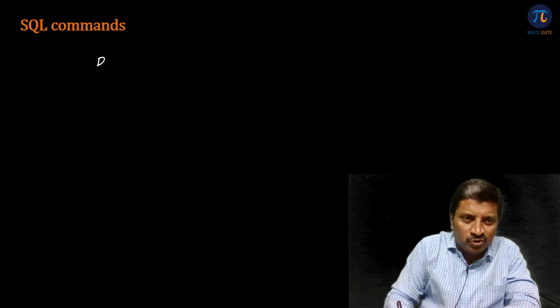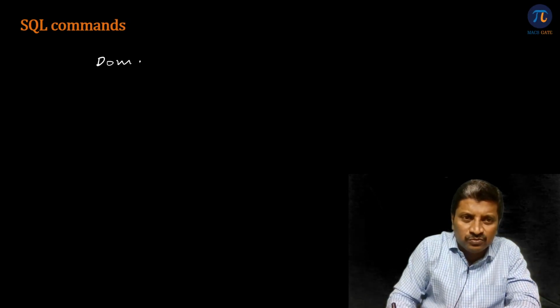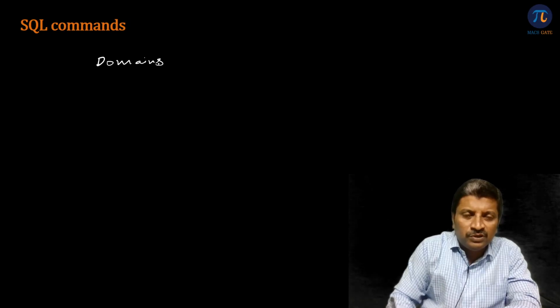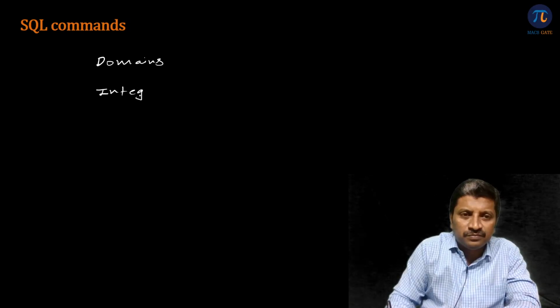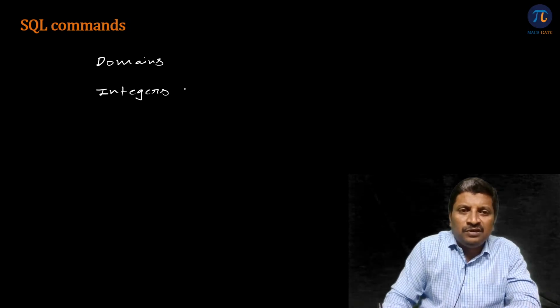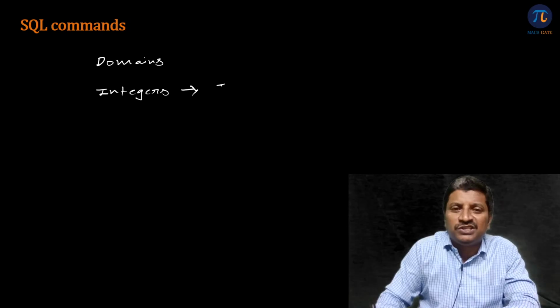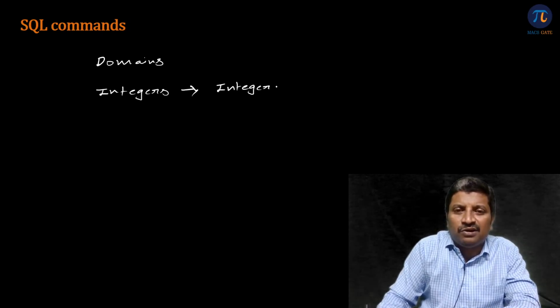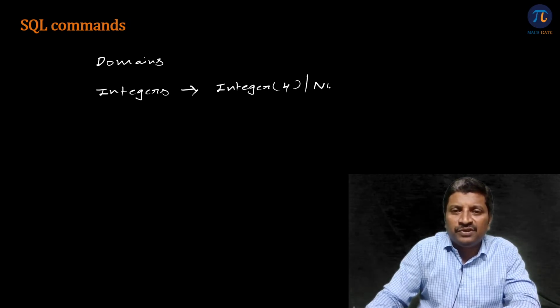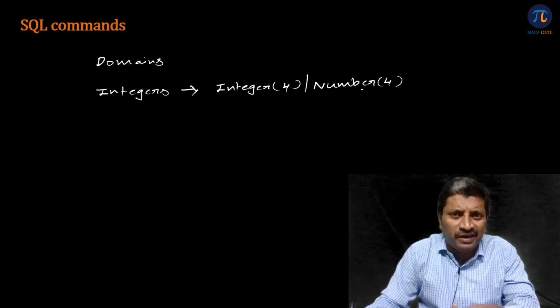So let me give one more data type. When coming to domains, I already introduced 2. The first one is for integers. For integers, what are the possibilities? Either people will write integer of some digits. So let us have integer of 4. Similarly, number of 4. Instead of 4, we can write any digit, sir.